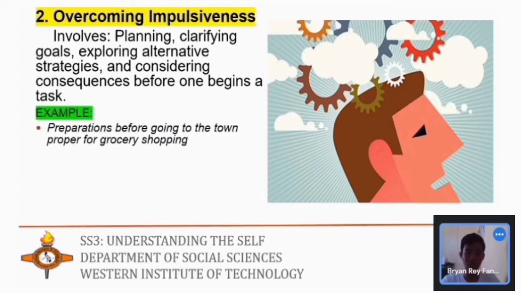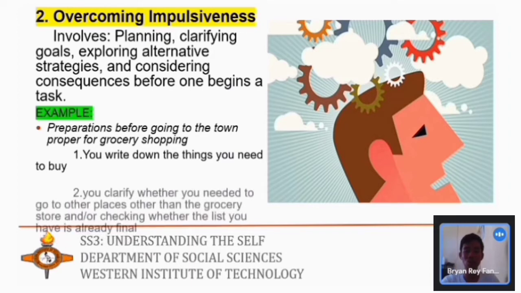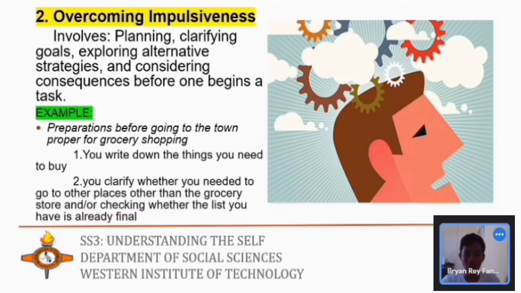preparations before going to the town proper for grocery shopping. Number 1, you write down the things you need to buy. Number 2, you clarify whether you need to go to other places other than the grocery store and check whether the list you have is already final.